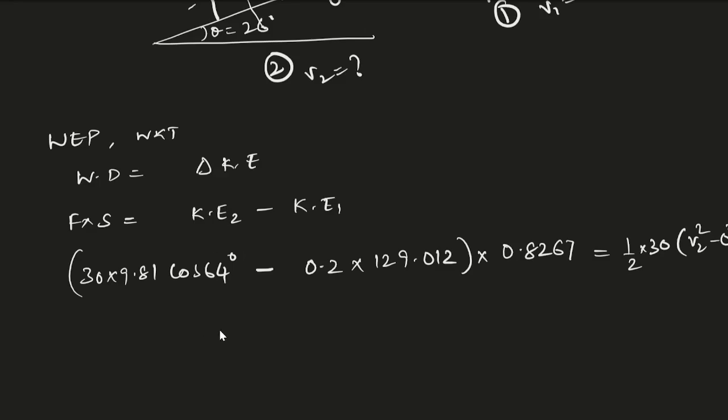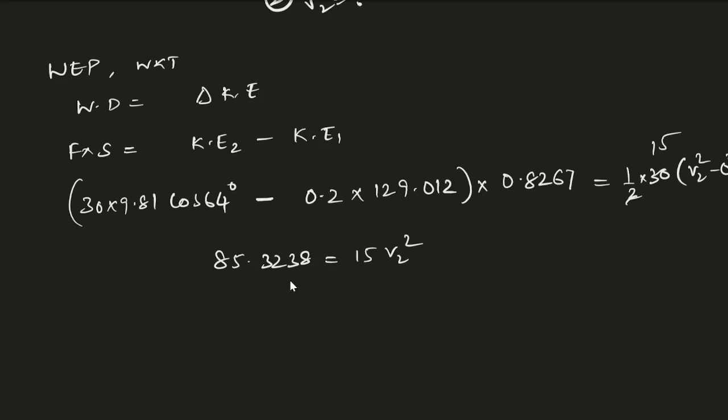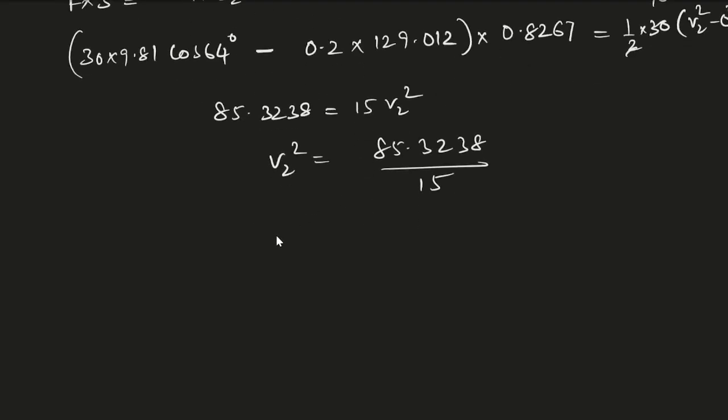So we got the value as 85.3238 equal to, this will be 15 v2 square. You have to find v2. So v2 square will be equal to 85.3238 divided by 15. So v2 will be equal to the root of this value, that is 5.6882.